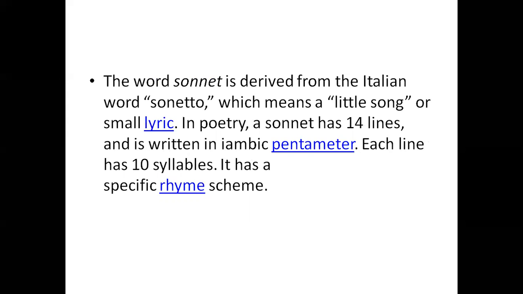In it, each line has 10 syllables. Yani ki when you read one line, you're able to divide the words into 10 syllables. And there is a specific rhyme scheme to it. So iambic pentameter is a certain way of writing a poem, and in a sonnet, वही specific way use होता है, and it is comprised of 14 lines.